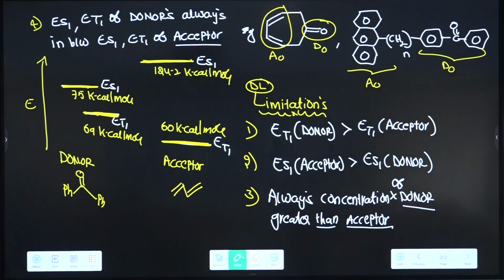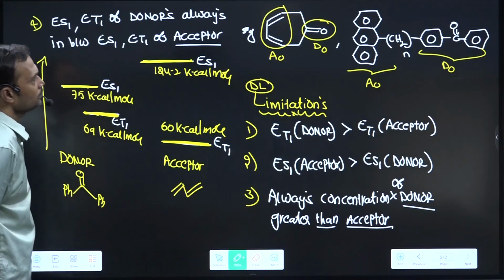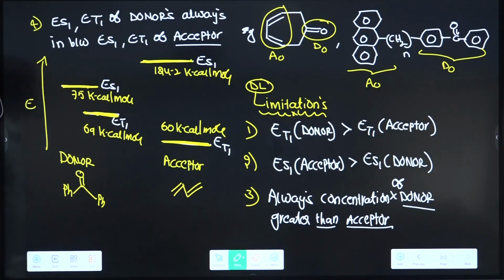So that is about the Jablonski diagram and about ISC, about efficient, inefficient and moderately efficient molecules.